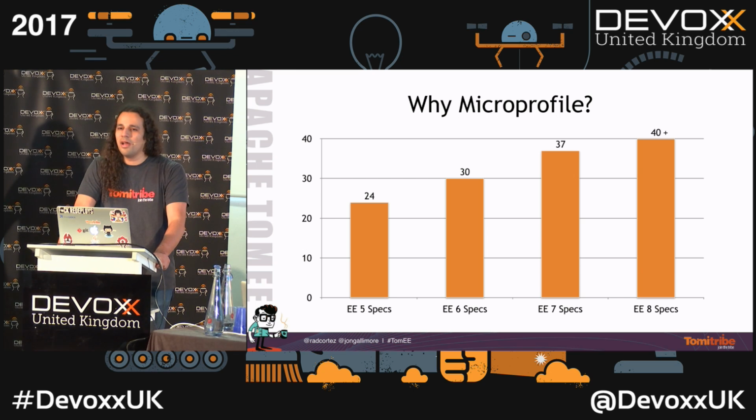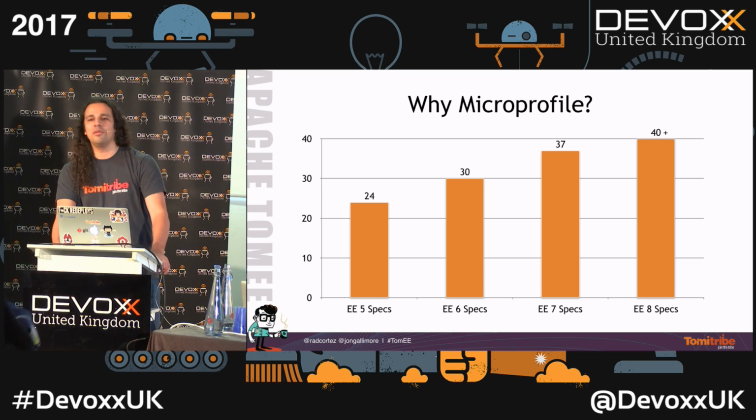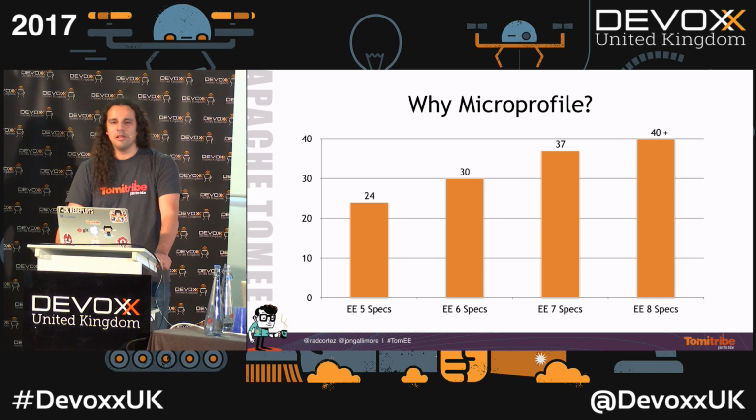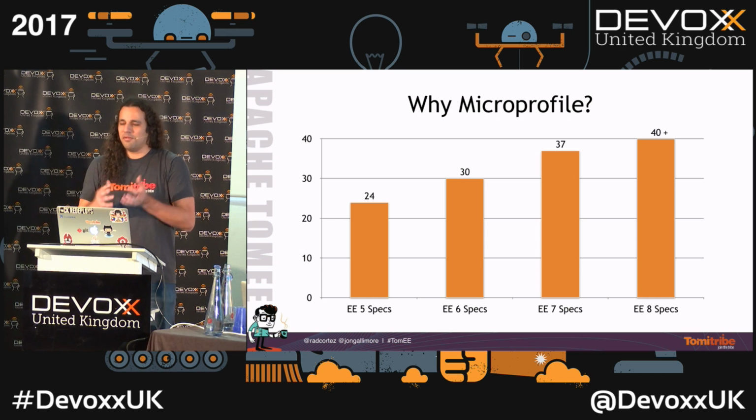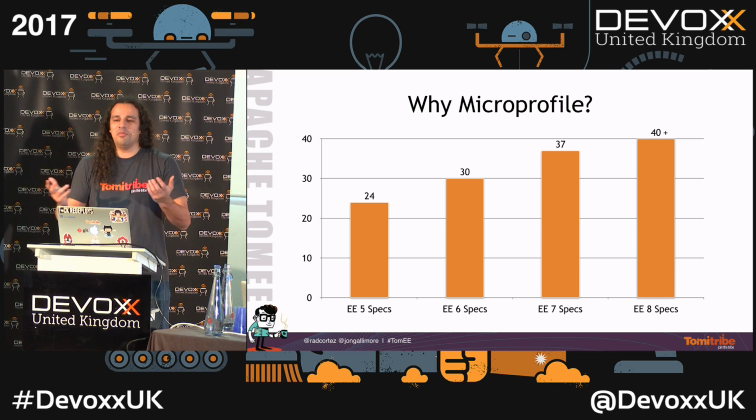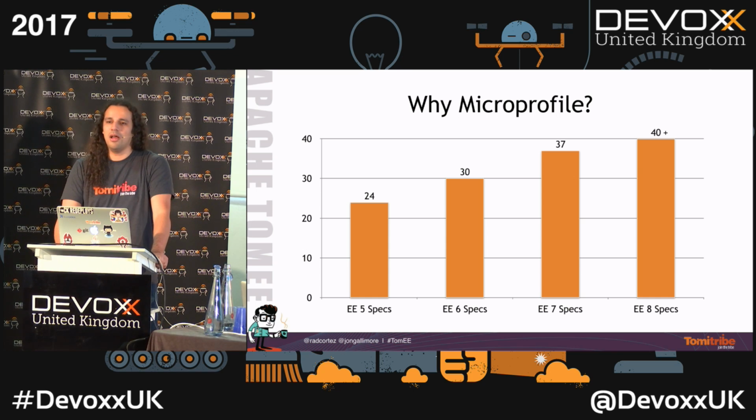It's probably going to have more than 40 specs in that version. That doesn't seem right when you're trying to build a microservice, something you call micro, to have 40 specs when you're probably not going to use 90% of them.